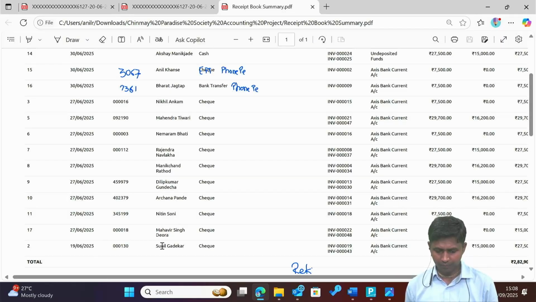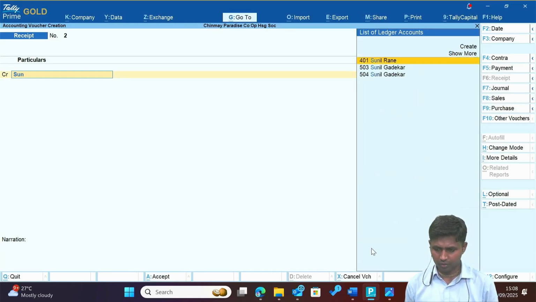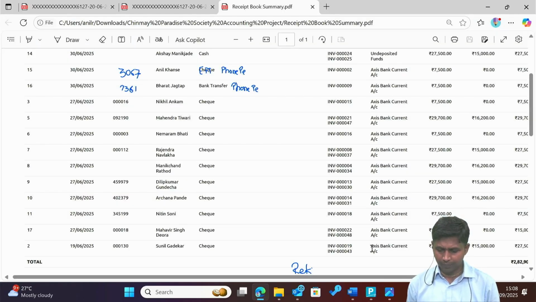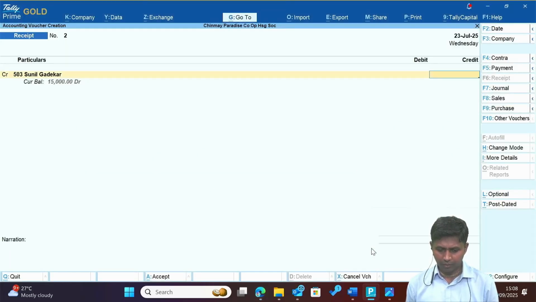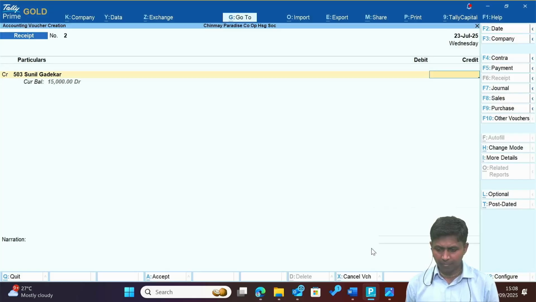The same party paid us 27,500. That means he must have paid the full amount for the year. Yes, let's select that party. Receipt only, 27,500. He paid 27,500, and we got the check.